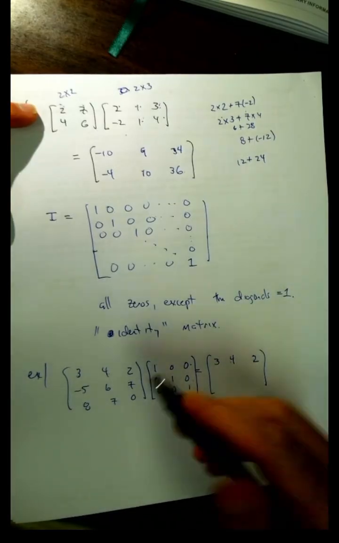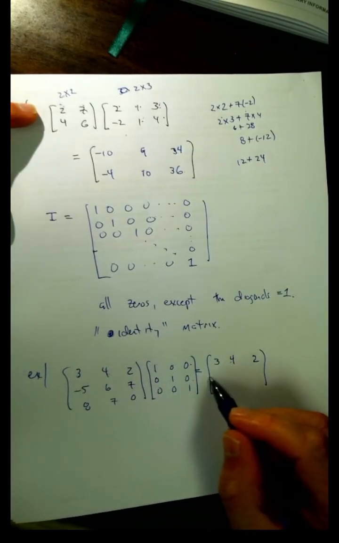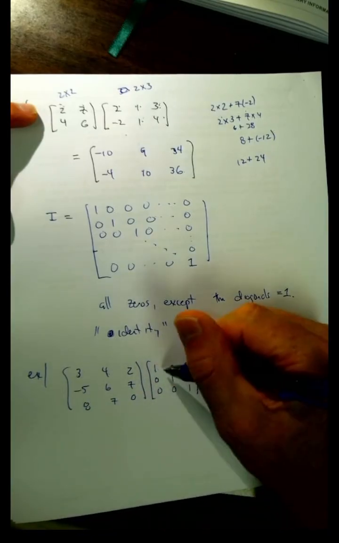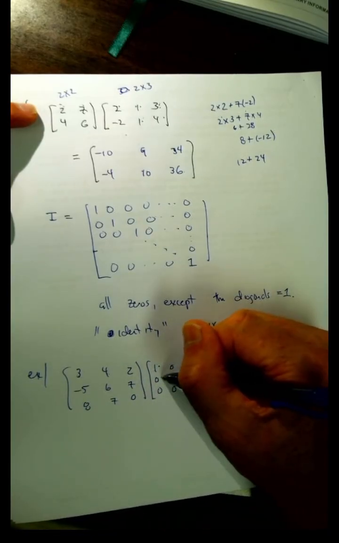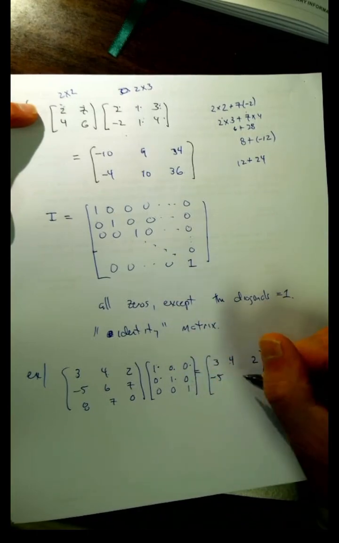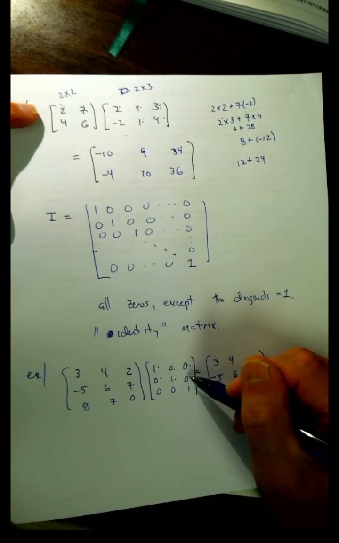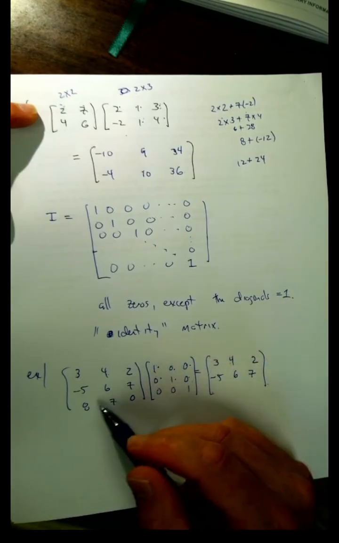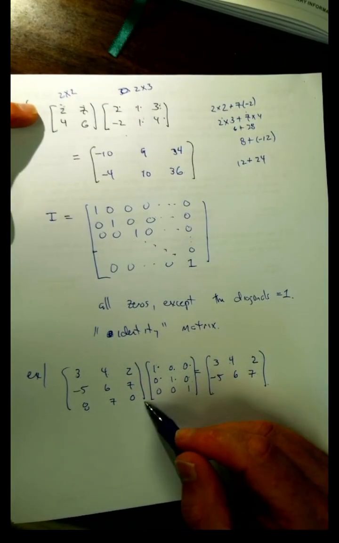And then for the third column in the first row, 3 times 0 plus 4 times 0 plus 2 times 1. And then likewise, I'm going to do the same thing across the second row, but the only difference is I'm going to use the second row in the first matrix. So minus 5 plus 0 plus 0, 0 plus 6 plus 0, 0 plus 0 plus 7. And now as I go across the bottom row, I'm going to use the third row of the first matrix.